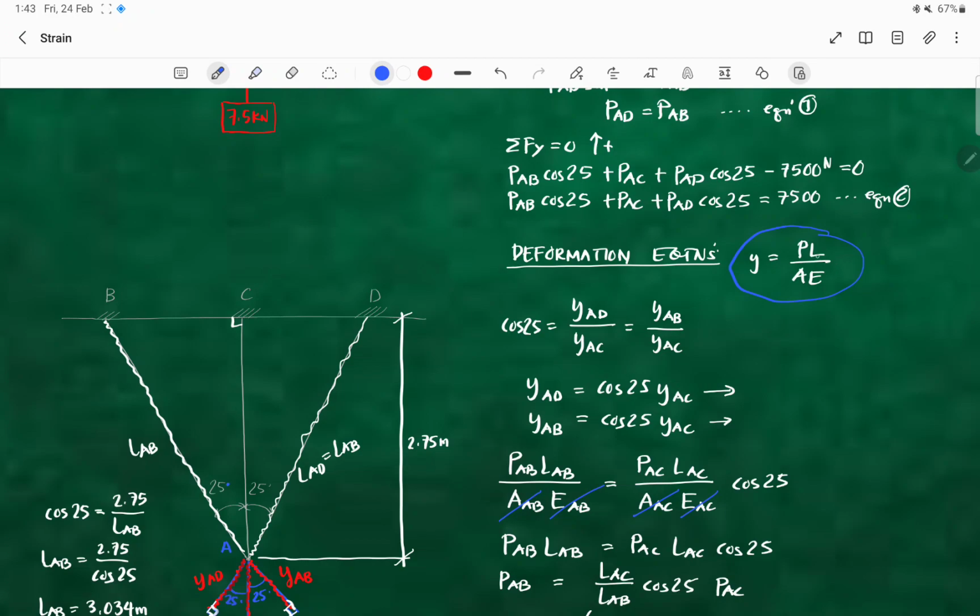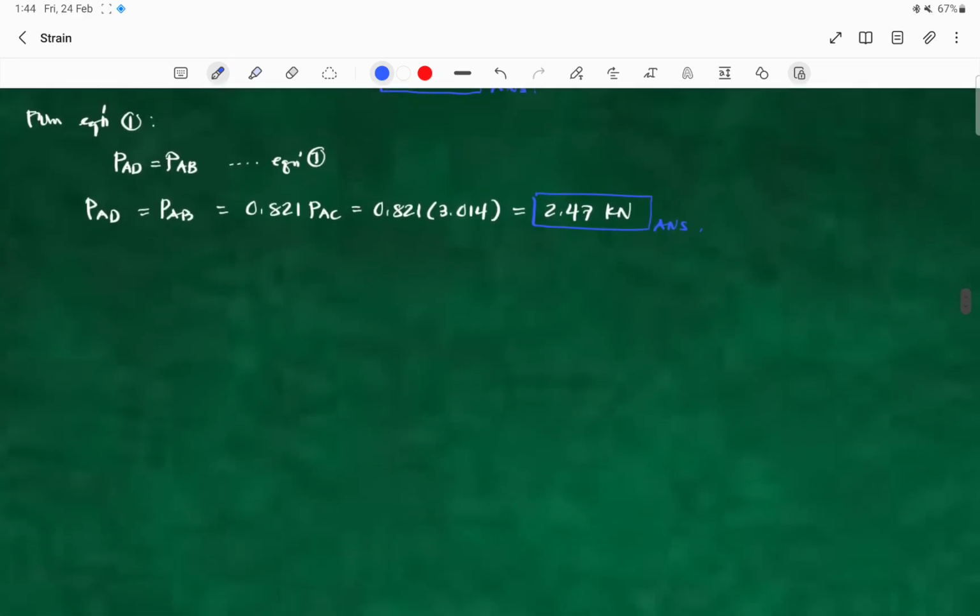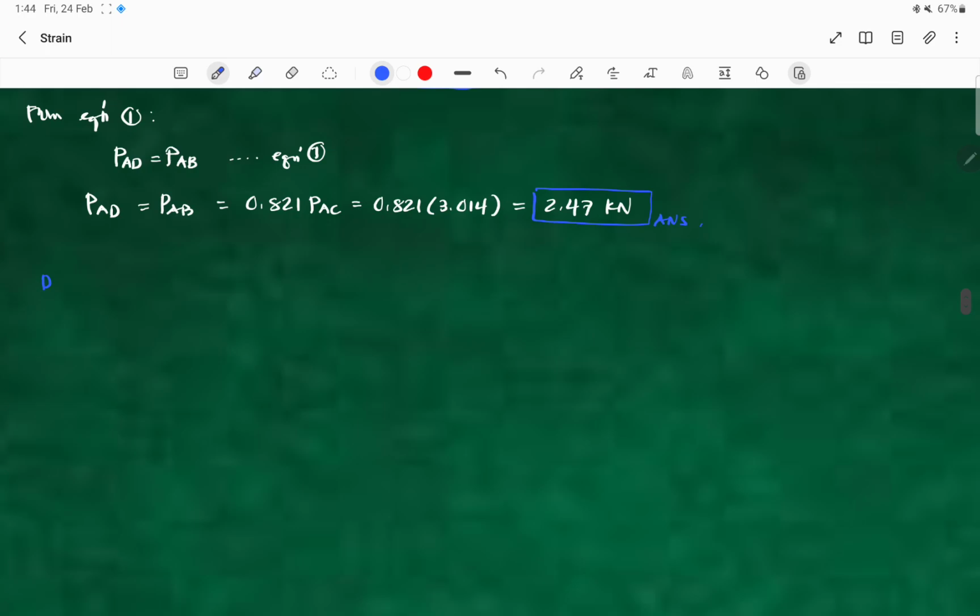Yung force, yung length, yung area, tsaka yung E. For instance, no? Hindi naman hinanap to sa problem. Pero sabihin natin, hanapin natin yung deformation. So, yung isa lang, no? Sabihin natin yung deformation ng bar EC.